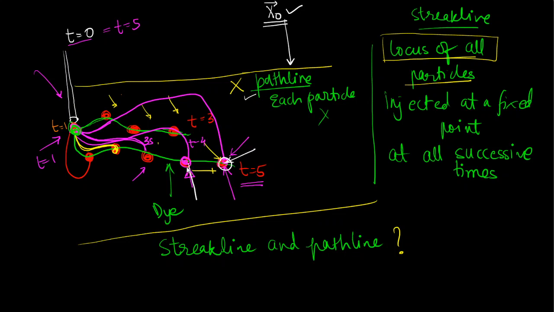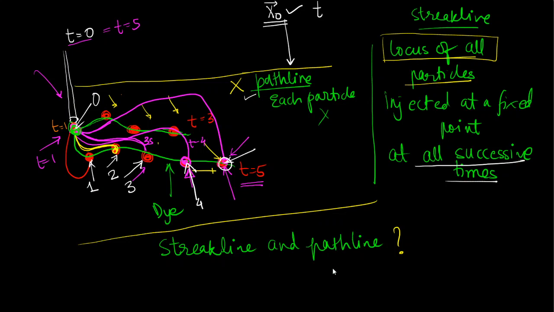The initial condition for this was 4 seconds earlier to the snapshot. The initial condition for this was 3 seconds prior to the snapshot. For this, 2 seconds prior. For this, 1 second prior. And for this, it is at the instant of the snapshot, that is 0 seconds. So times are all successive. This is what we mean by successive times.